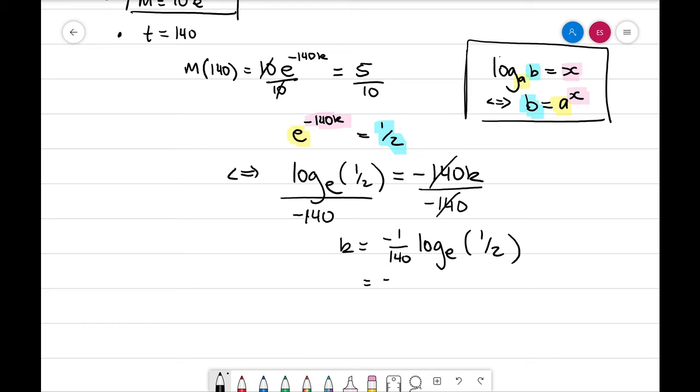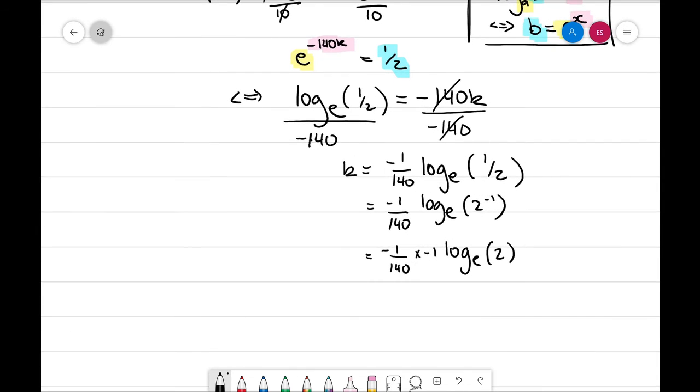You should also note that 1/2 is actually just 2 to the minus 1. So you can then use your log laws to bring minus 1 out the front, which will give you 1 on 140 log to the base e 2. Now you could have just chucked it into your calculator here, but it's always nice to make things look a little bit nicer.